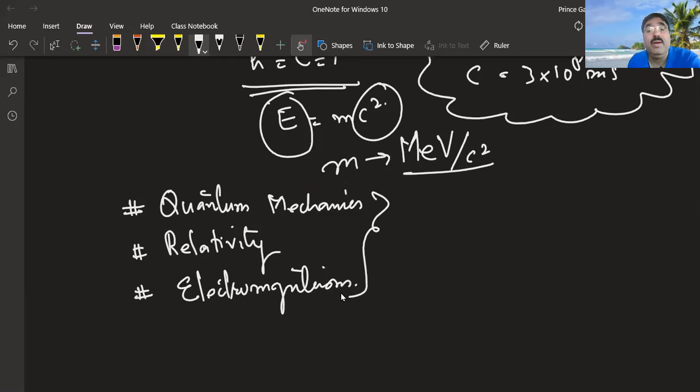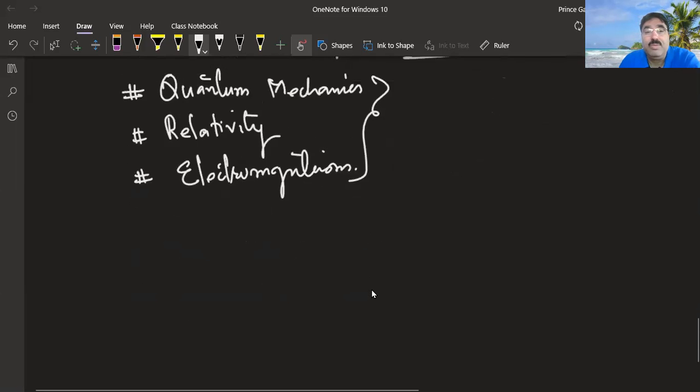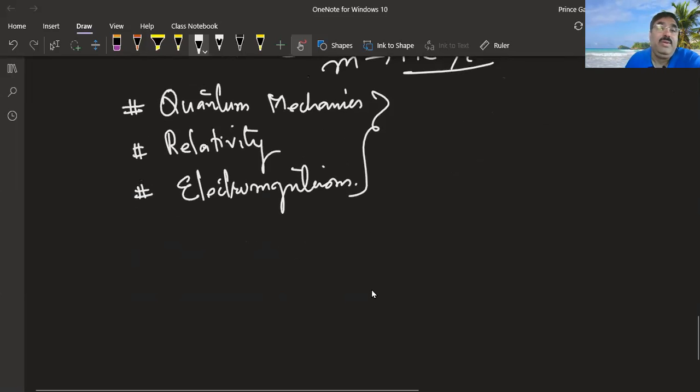I think we are all equipped with these basic structures, we have done these courses, so there's no problem in that. I hope that you have done these courses and will be using them to explore the nuclear and particle realm, to explore nuclear and particle physics.